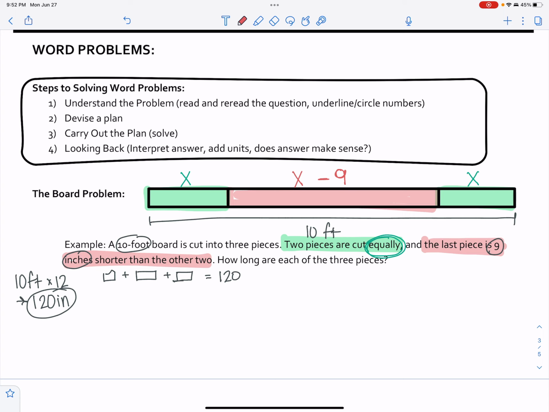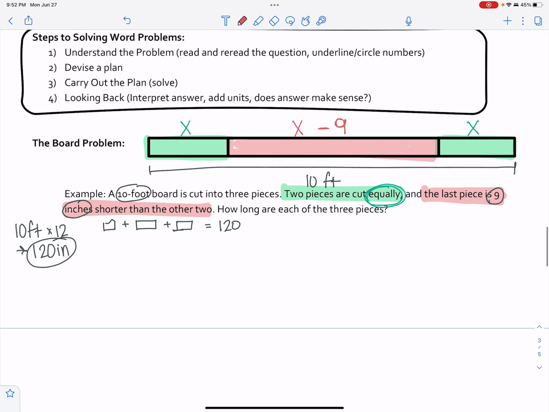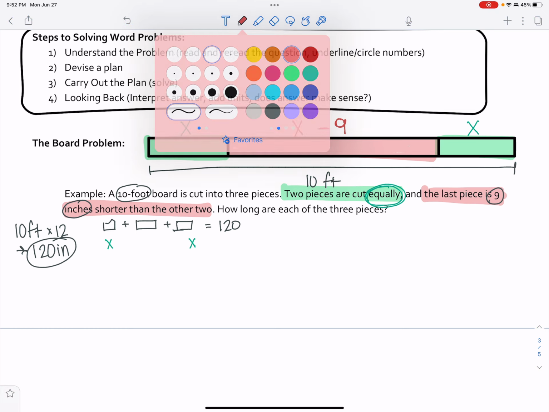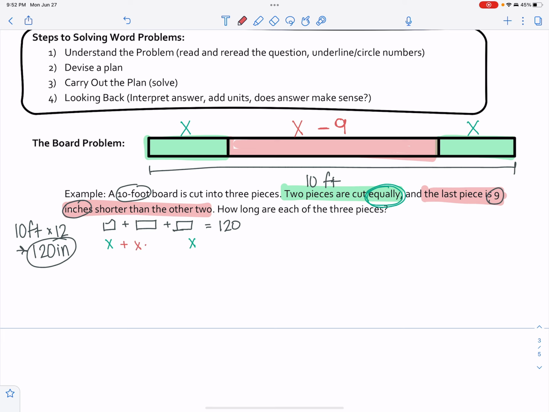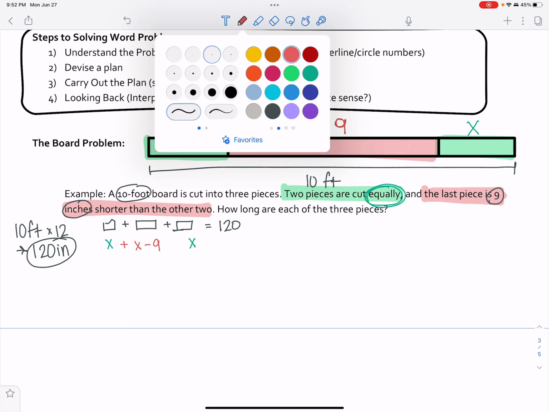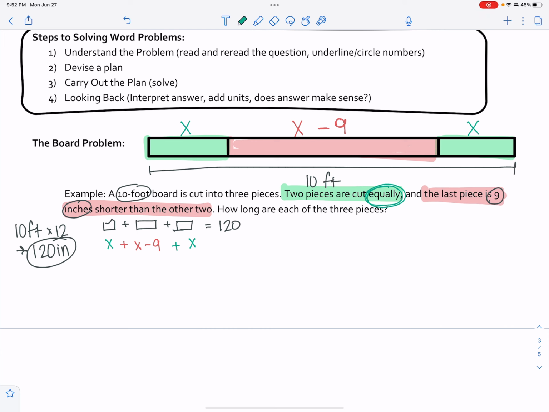And then it says, how long are each of the pieces? Well, because they were all cut from the same board, I can say that x plus x minus 9 plus x has to equal 120 inches, because all of those pieces added together have to be that 10 foot or 120 inches.